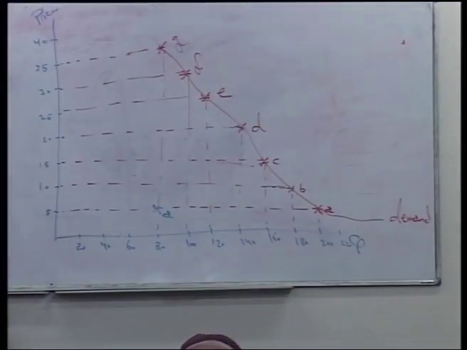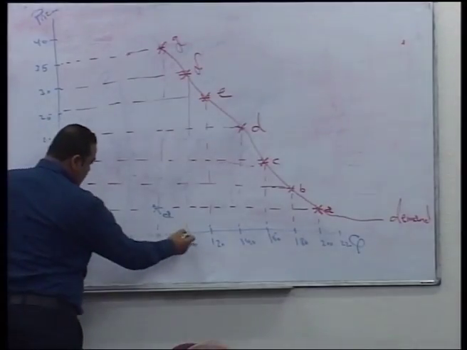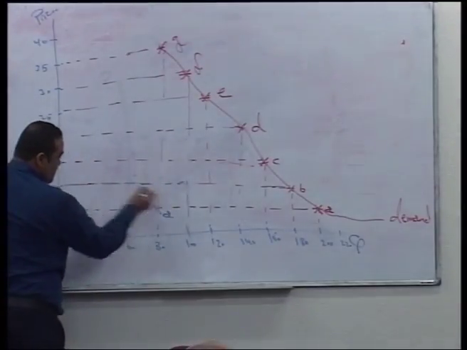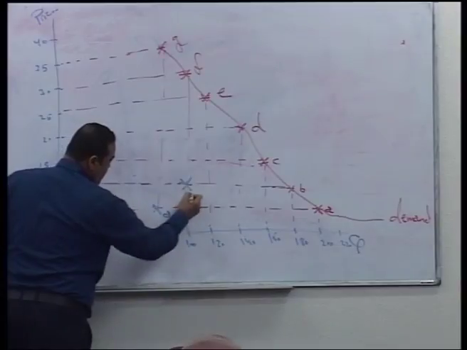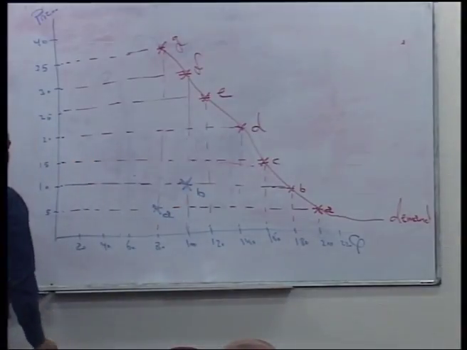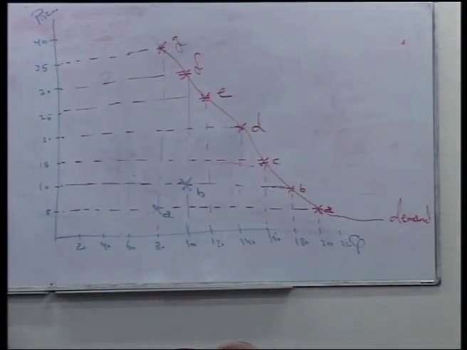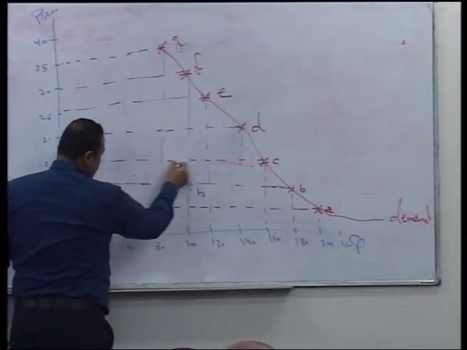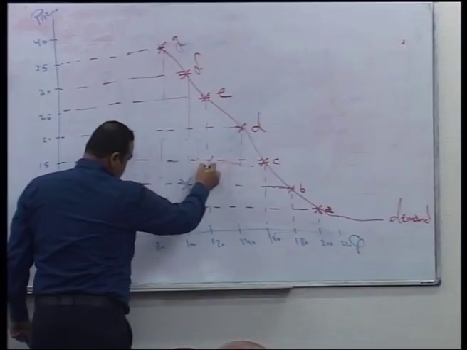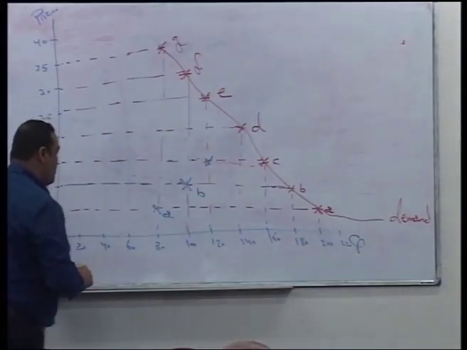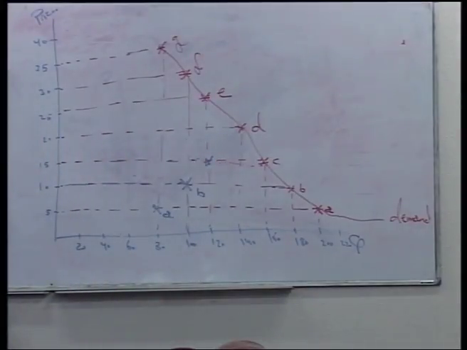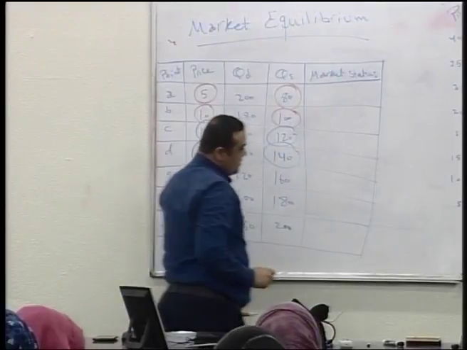Right? At 10, 100. 10 and 100. B. 15, 120. Here. 20, 140.